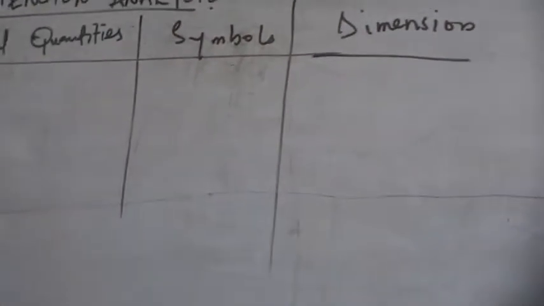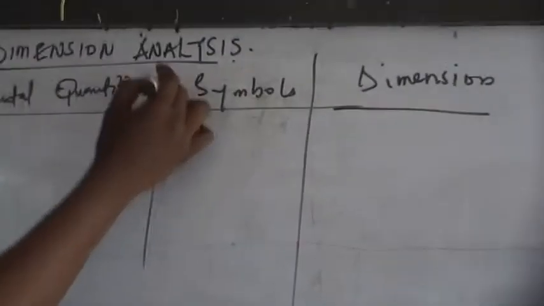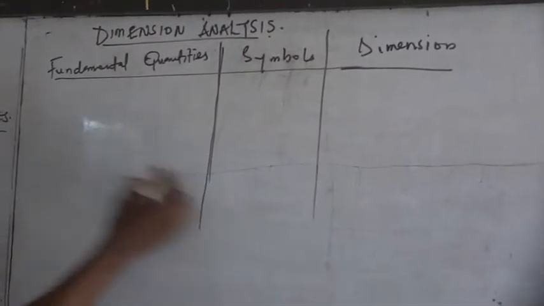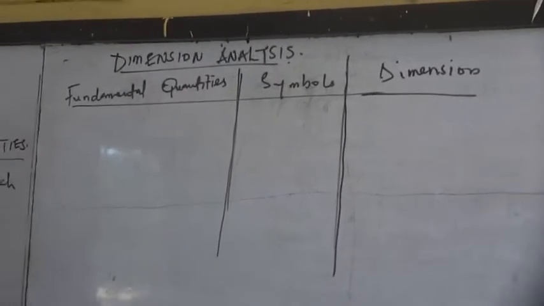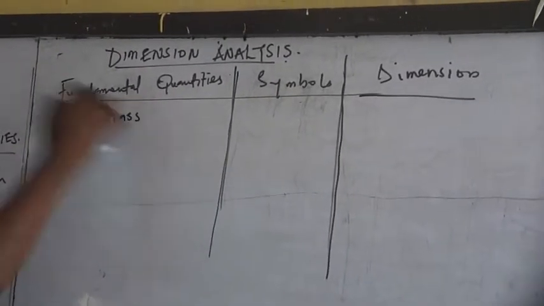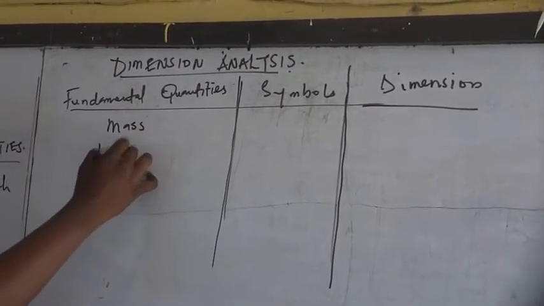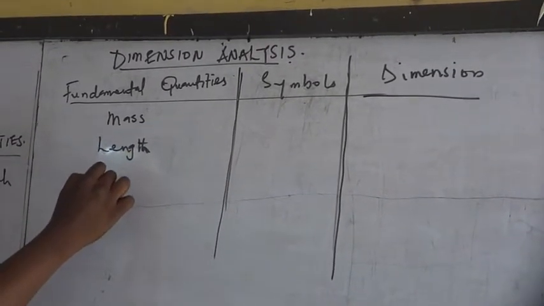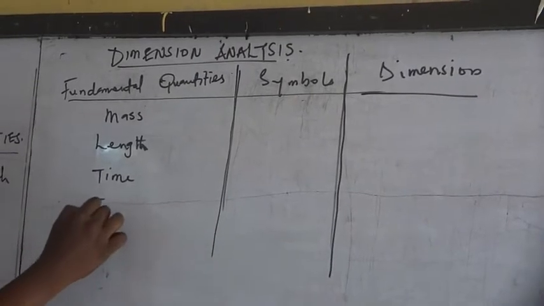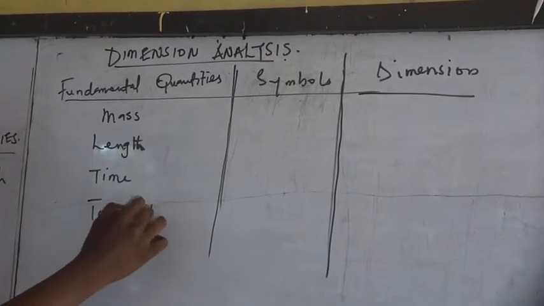For your level, we are going to be looking at just four of them: mass, length, time, and temperature.